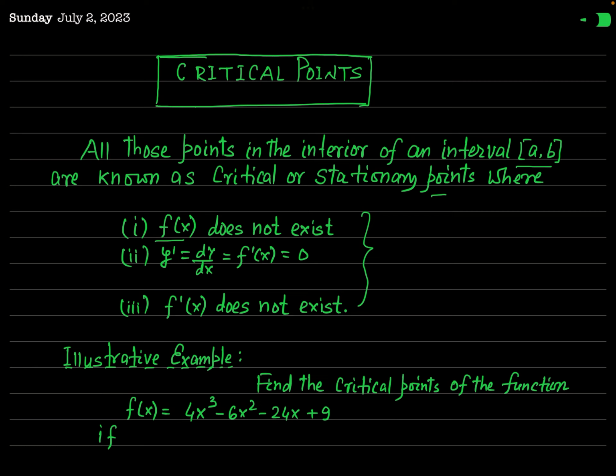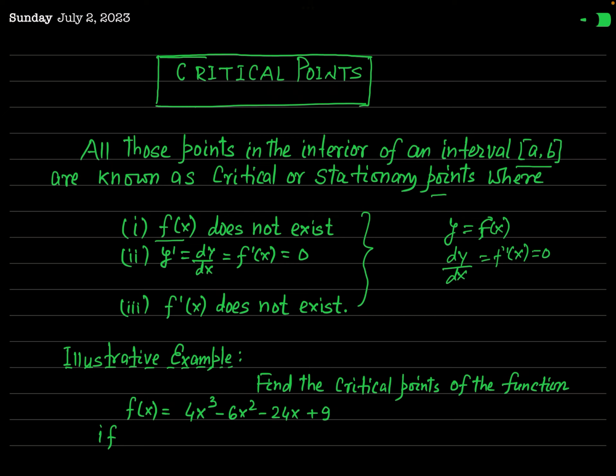Another condition: if your function is y equal to f of x, then the critical points correspond to the points for which the derivative of y with respect to x, or f dash of x, vanishes. It means these are the points where the slope of the curve is equal to 0.